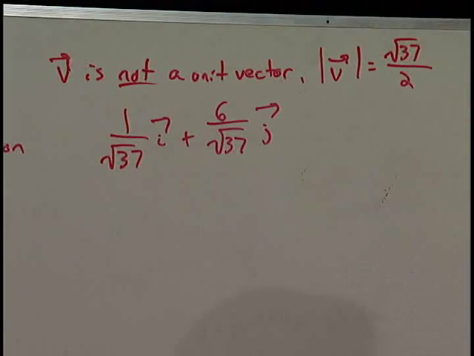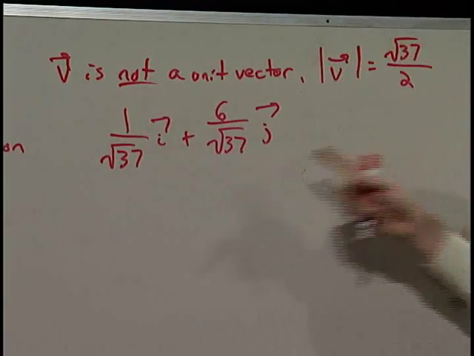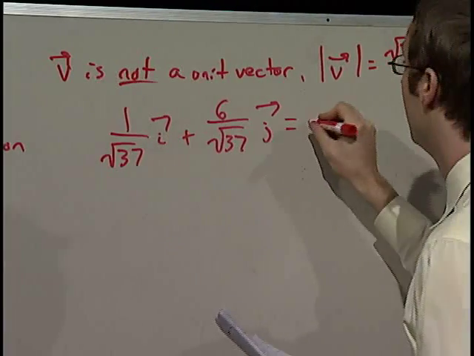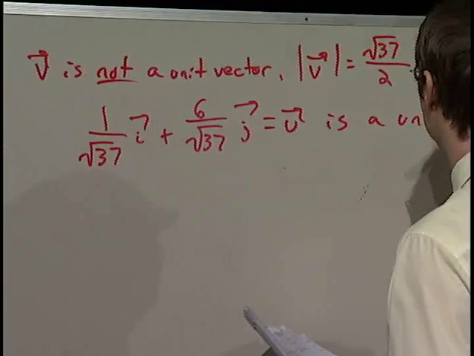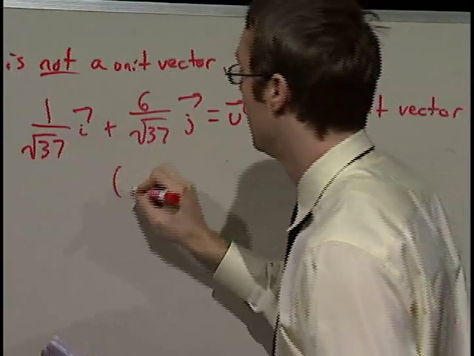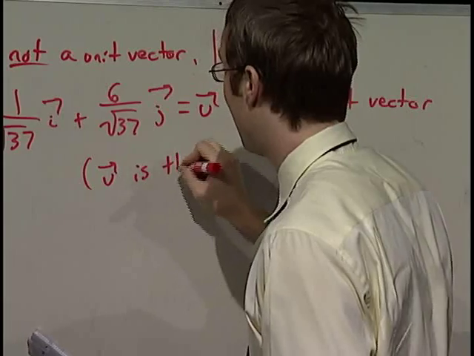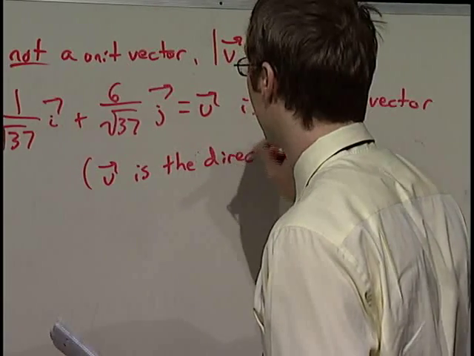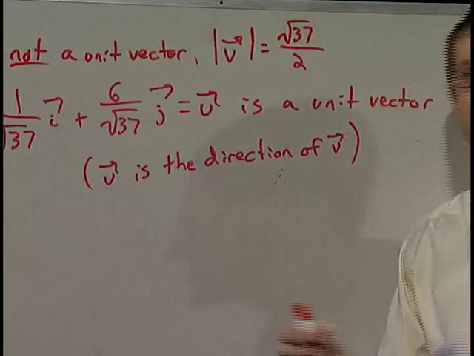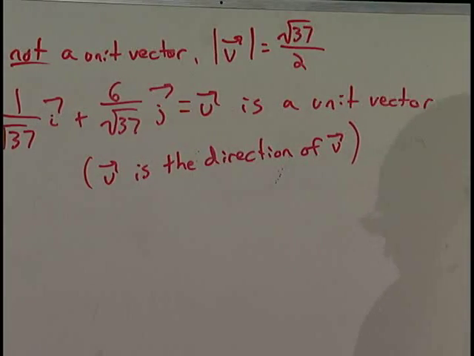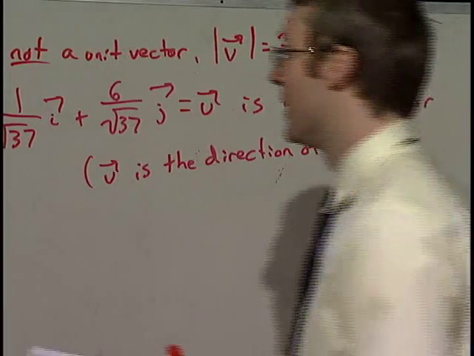All I'm doing is dividing each component by the length. This u is a unit vector, defined to be the direction of v. Remember that the direction of a vector is just a unit vector in the same direction as that vector.